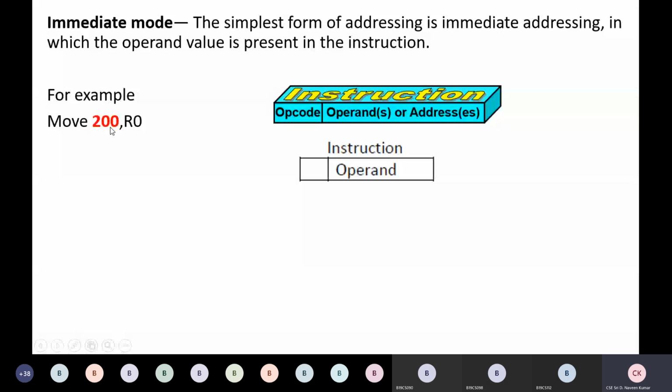This type of representing the direct value in the operands part we call immediate mode. Move is the opcode, and these are the two operands we have. Here 200 follows immediate mode because we directly have the value instead of an operand.